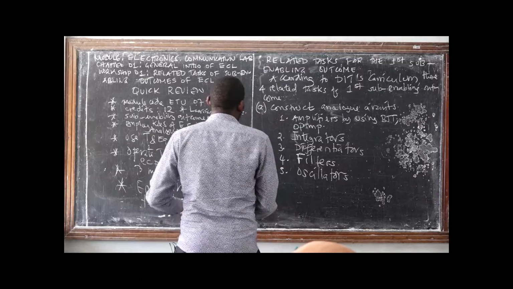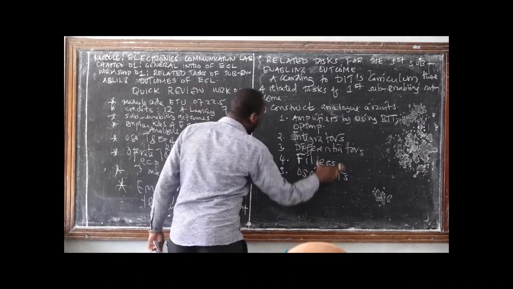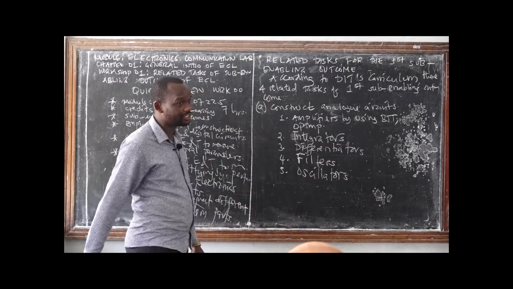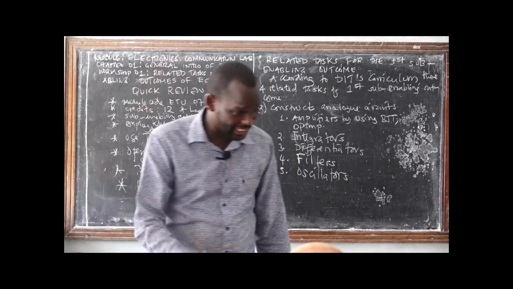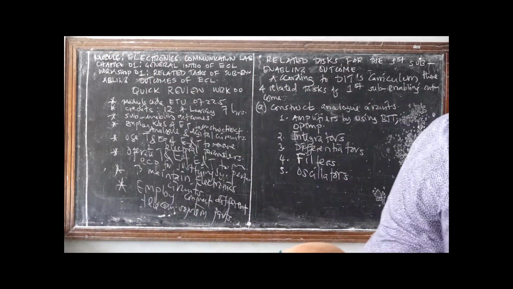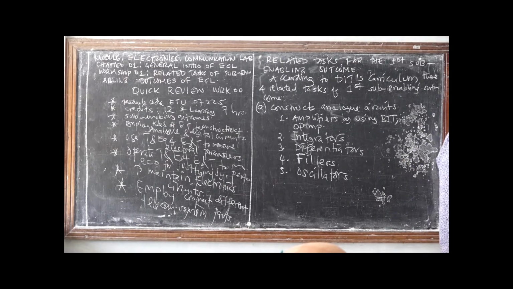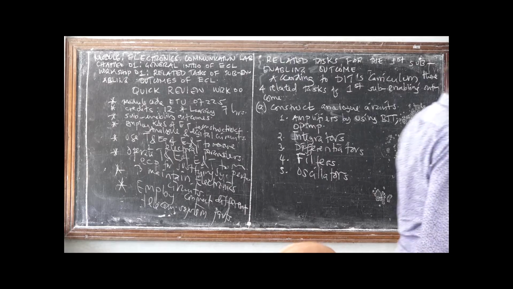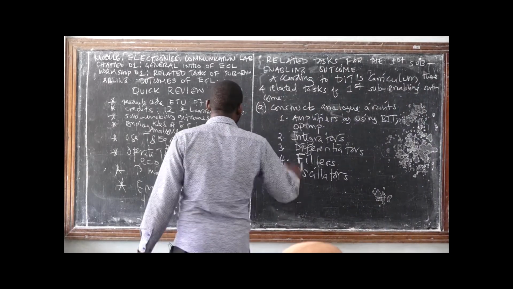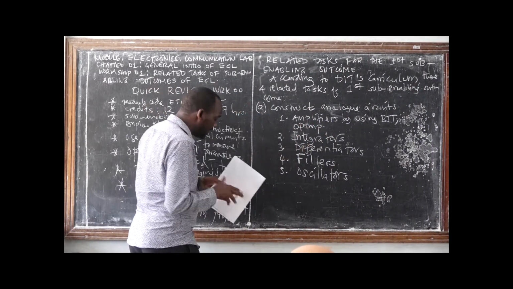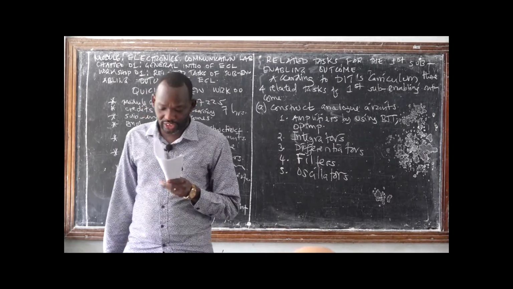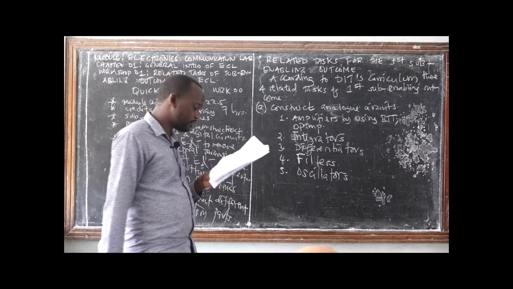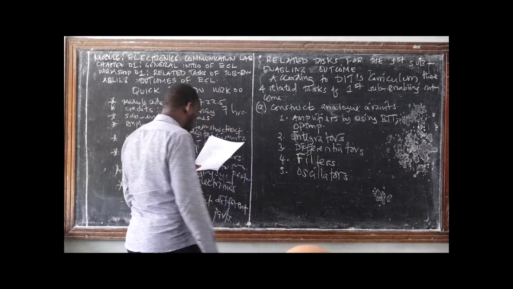Okay, so a student has to construct all of these five analog circuits, or at least one of them, and test and measure the parameters. Students, is it clear? It means construct amplifiers, integrators, differentiators, filters, and oscillator circuits by using either bipolar junction transistors or op-amps.